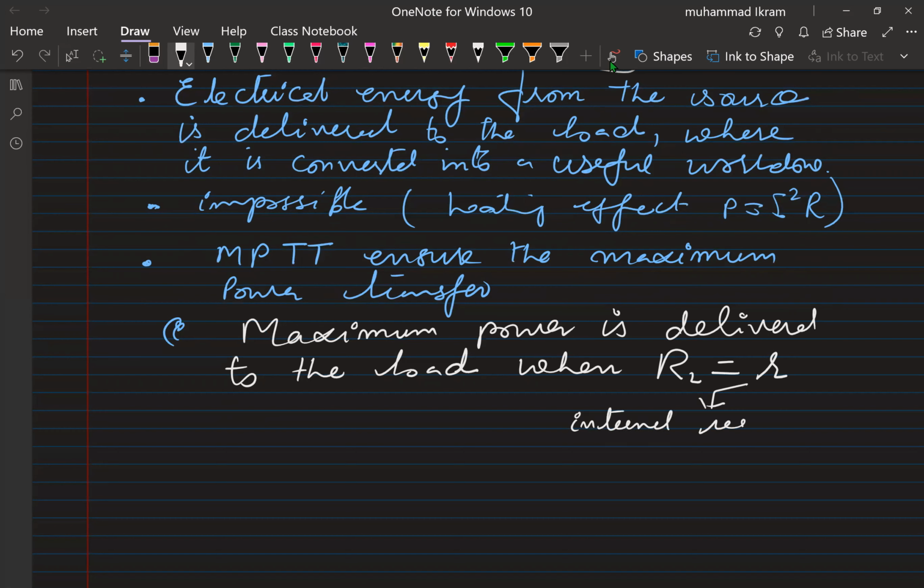Internal resistance of the source, right?